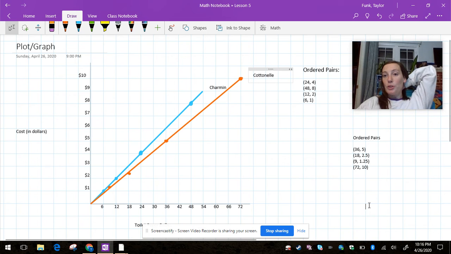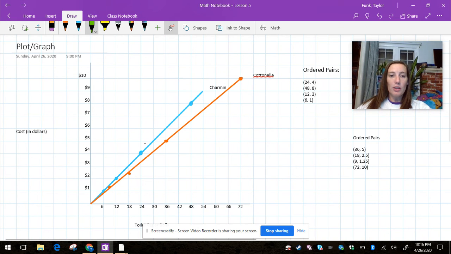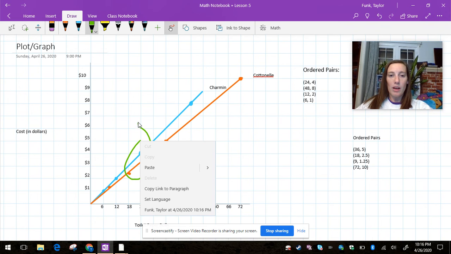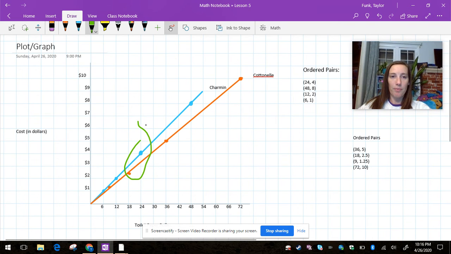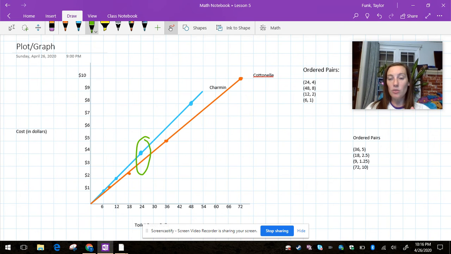All right. So now at this point, we are able to compare these two rates, and it can be overwhelming to look at. But what I suggest doing is looking at one particular point or one particular X value. So at 24 rolls of toilet paper, we see that the red line is below the blue line.